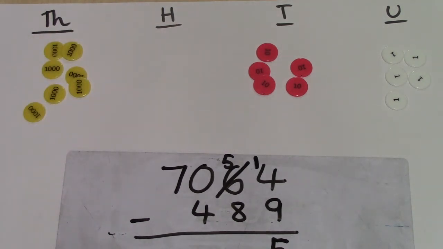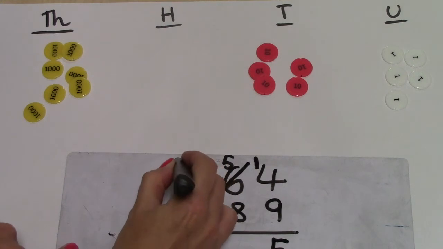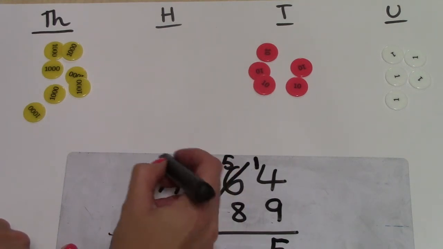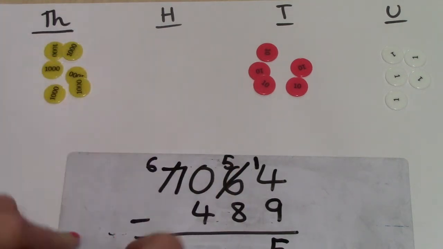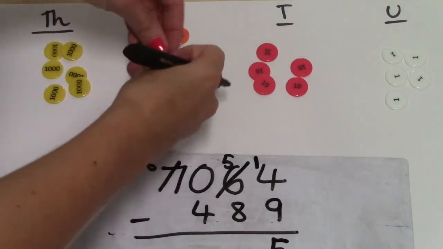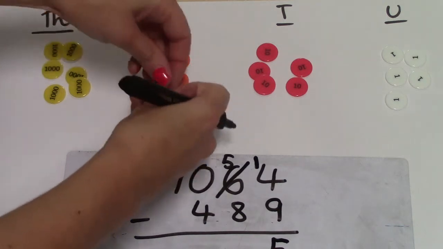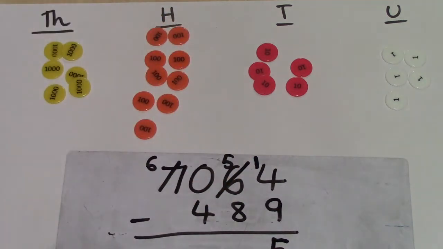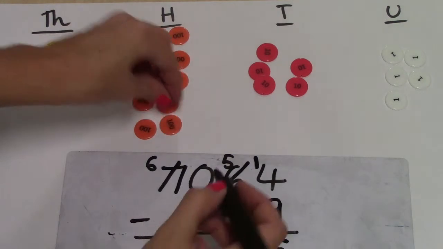So the first thing I need to do is to exchange one of my thousands for 10 hundreds. So let me cross out my 7,000s, and I'm going to have 6 left, and I'm going to exchange that for 10 hundreds. 1, 2, 3, 4, 5, 6, 7, 8, 9, 10.